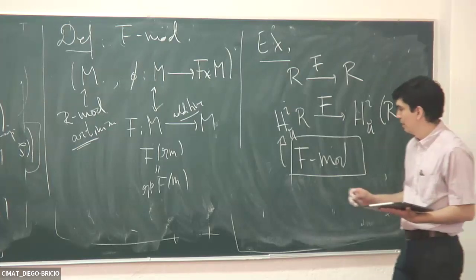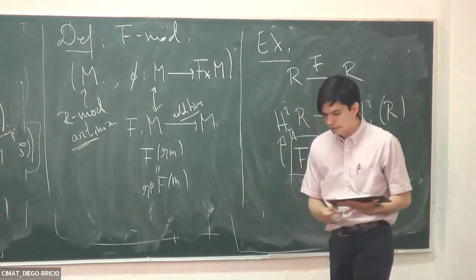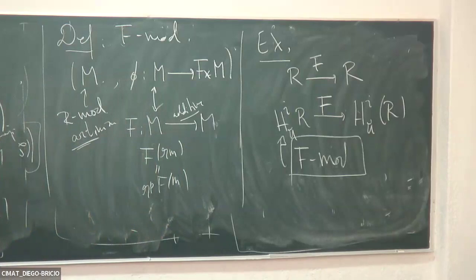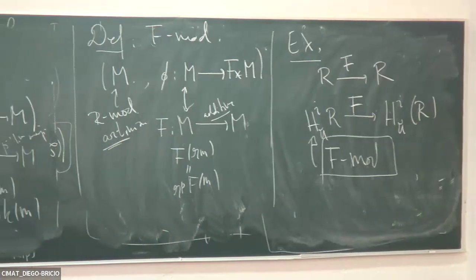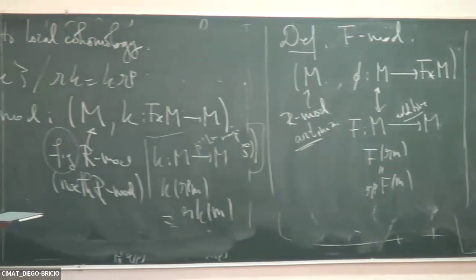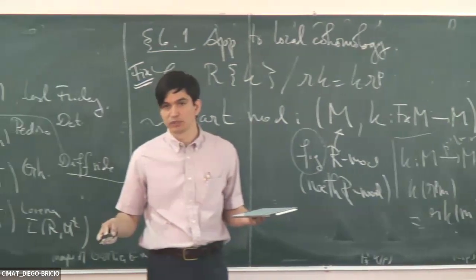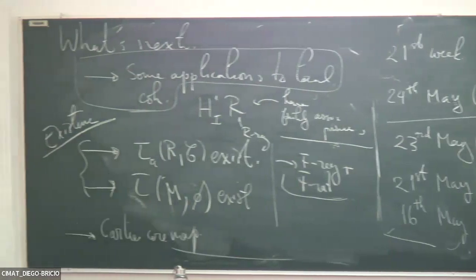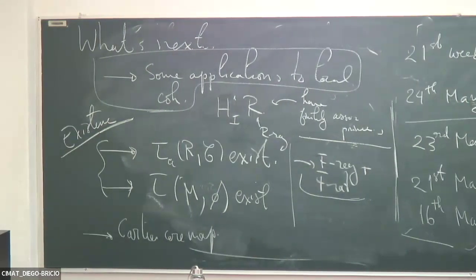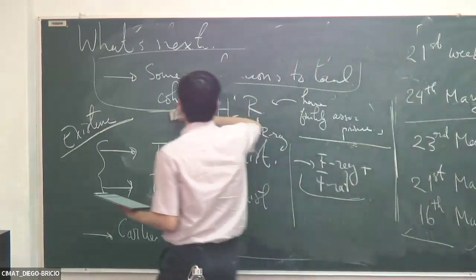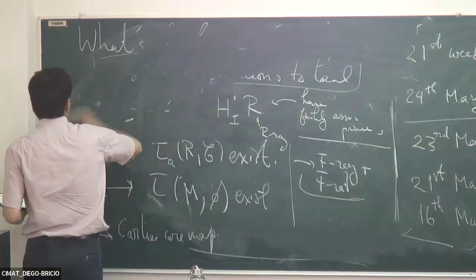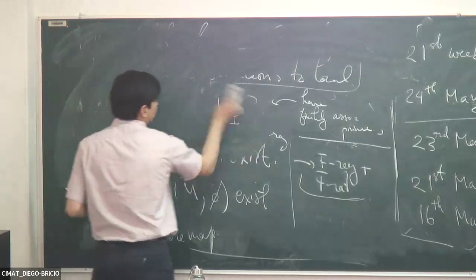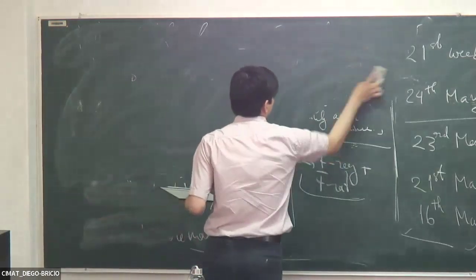Now Matlis duality is going to take a very specific form, and it's going to become a duality between Cartier modules and F-modules. We have already essentially observed this when we said that the Cartier operator is Matlis dual to the Frobenius action on local cohomology.